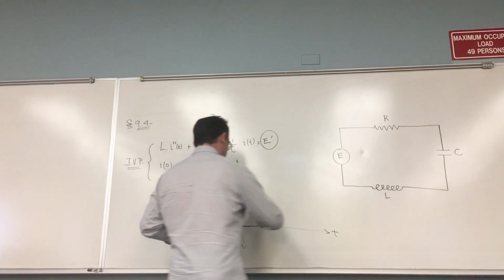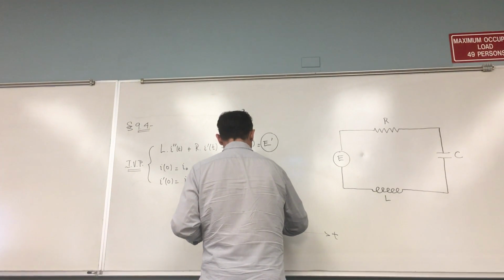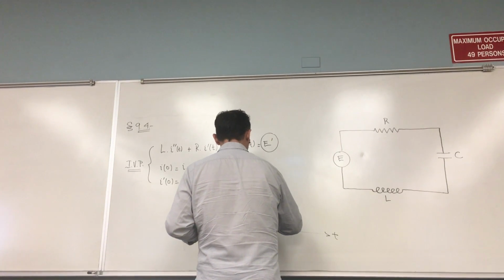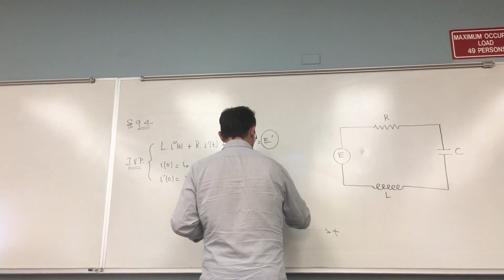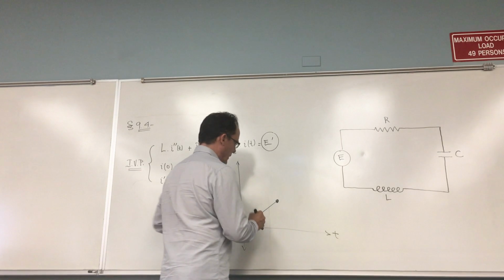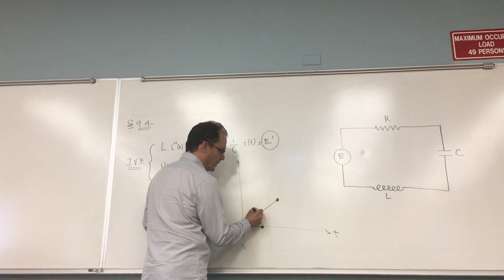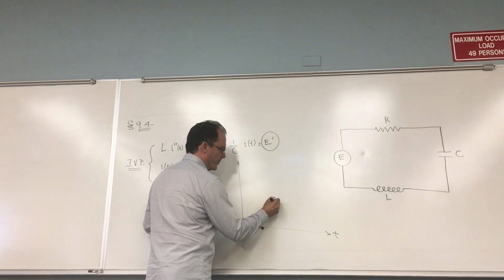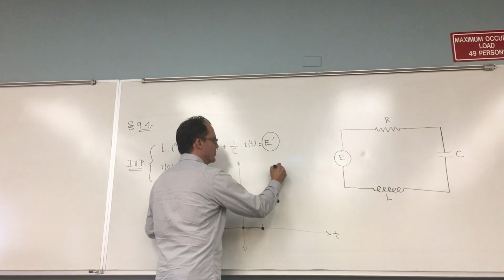Then you turn on the battery, and you give it a positive slope linear function for the E prime function, right?